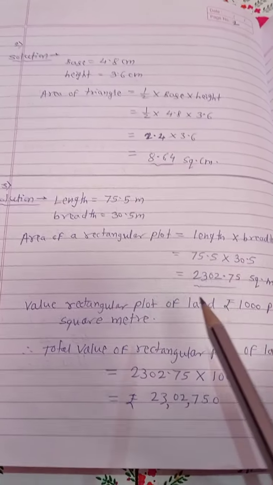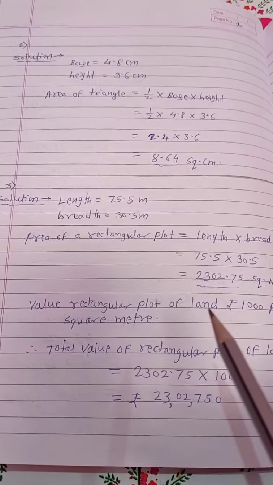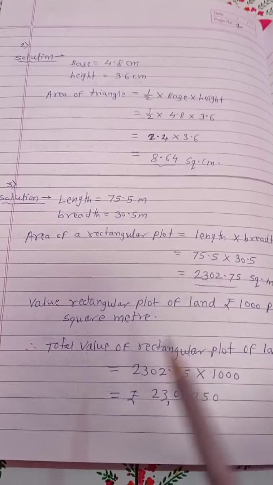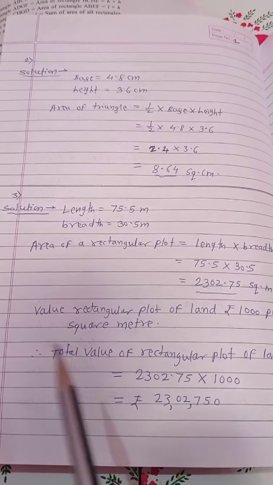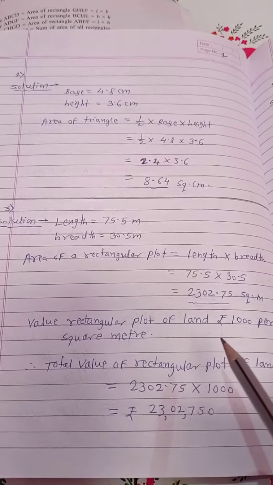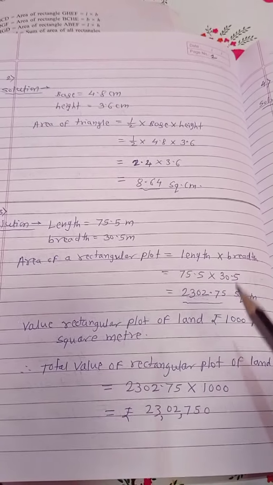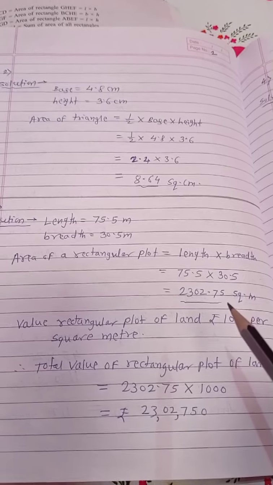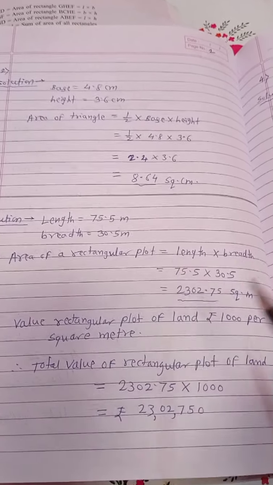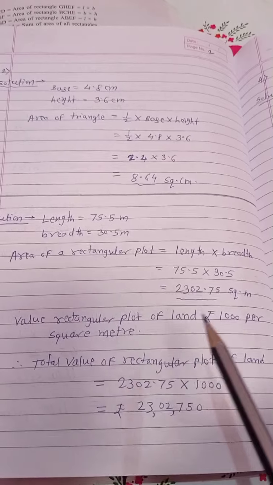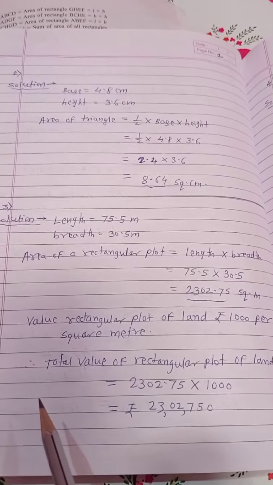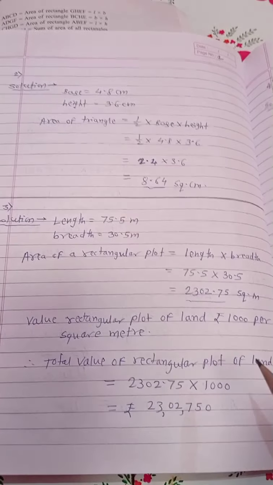But here you want to find the total cost of that rectangular plot of land. Here they have given one point: the value of the rectangular plot of land is rupees 1000 per square meter. For 1 square meter, the cost of that land will be 1000. Here you want to find the total cost. So you write total value of the rectangular plot of land.